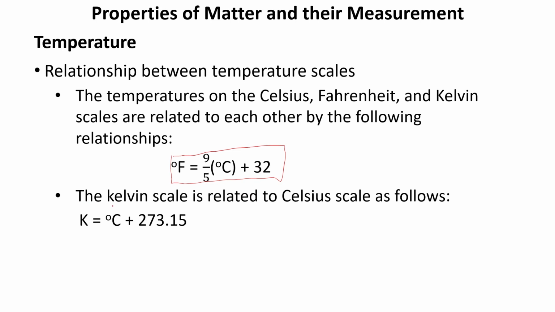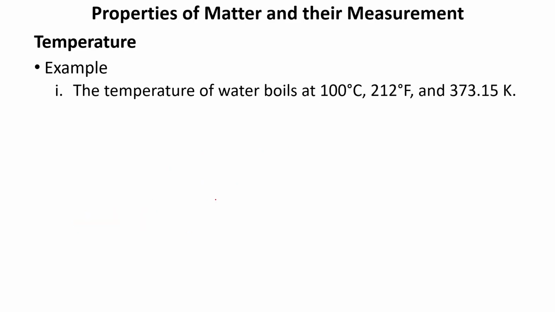The second one is the Kelvin scale. We can convert degree Celsius into Kelvin using this relation: Kelvin equals degree Celsius plus 273.15. We will see this illustration in the coming slides. Suppose the temperature at which water starts boiling is 100 degrees Celsius, and you want to find out what it is in Kelvin.